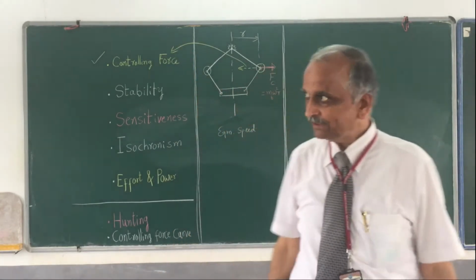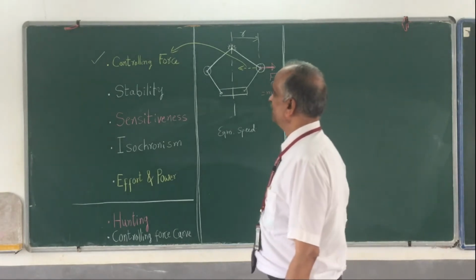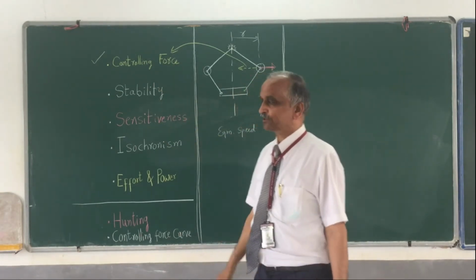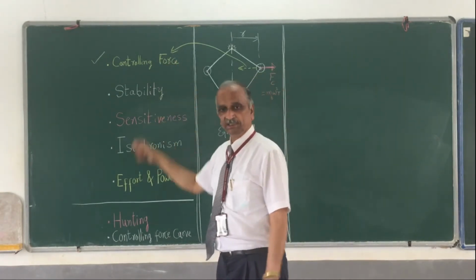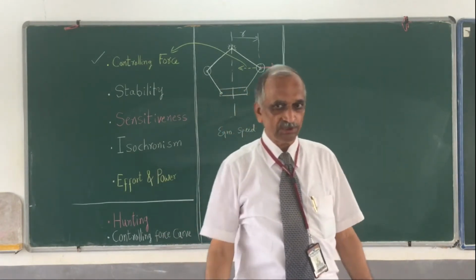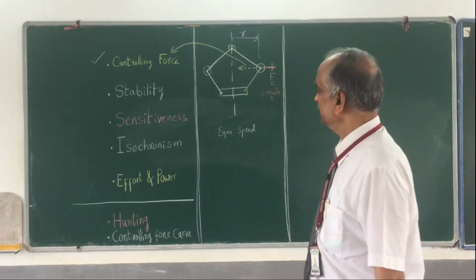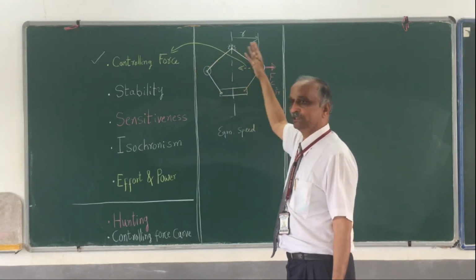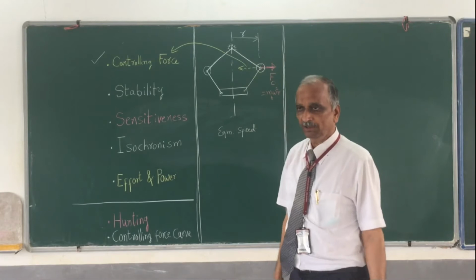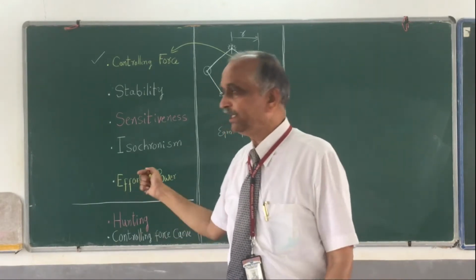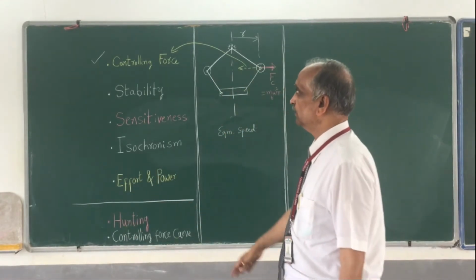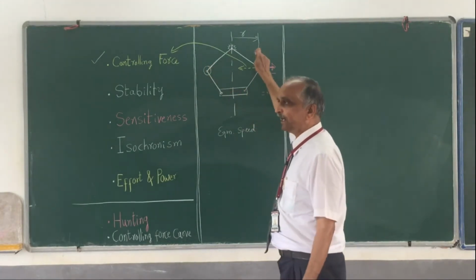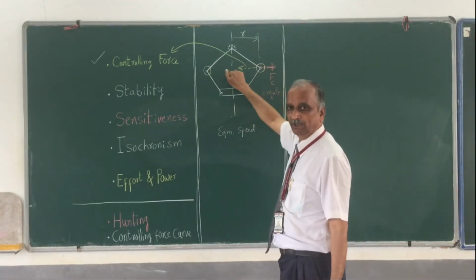I hope you understand. Now coming back to the definition, what is controlling force? Controlling force, as it says, is a force. Where is it acting? It is acting at each ball. In what direction? In the radially inward direction.